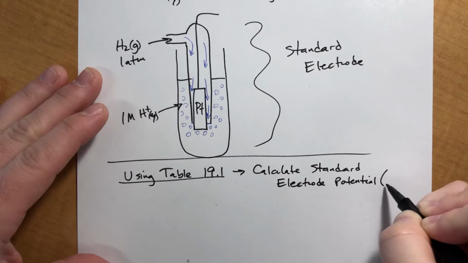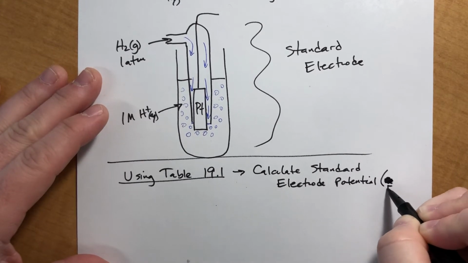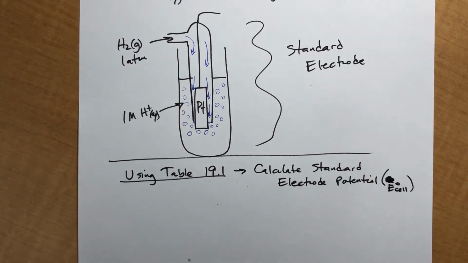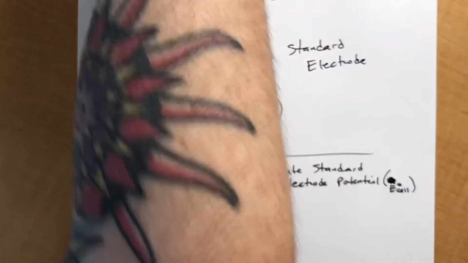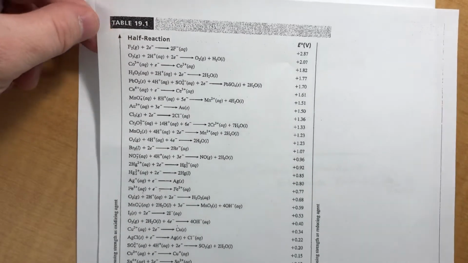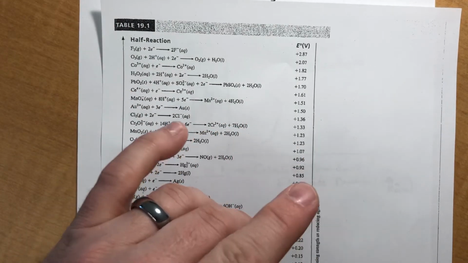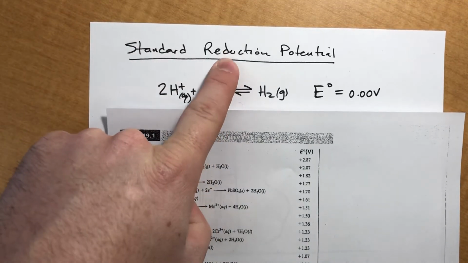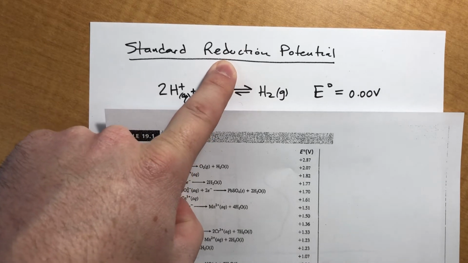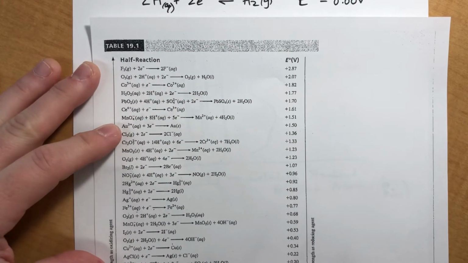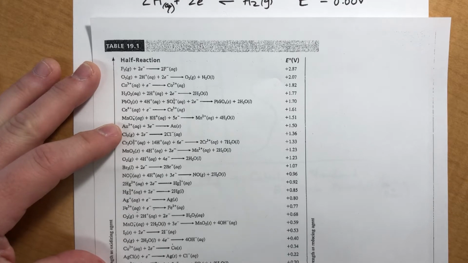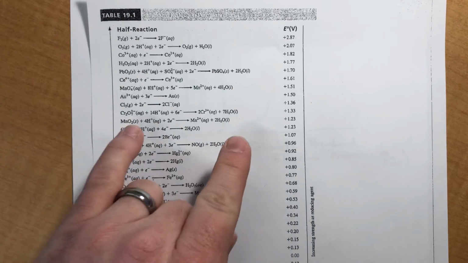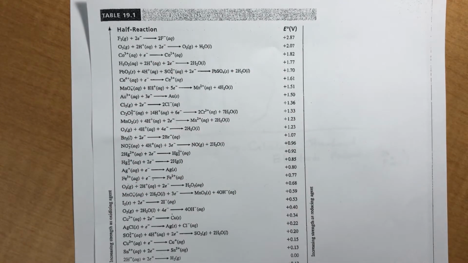Standard electrode potential is essentially E cell at standard conditions. We just need to know how to connect it. Here's the thing though. Some reactions need to be oxidation and some need to be reduction. These are all written in the form of reduction, which means the cathode side, the reduction side, is going to be written in the correct order. The anode side will need to be reversed and the sign will need to be changed.